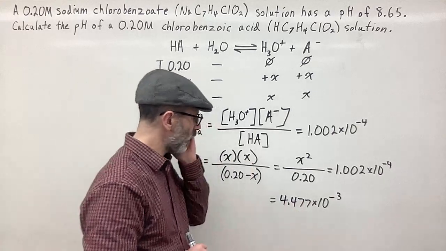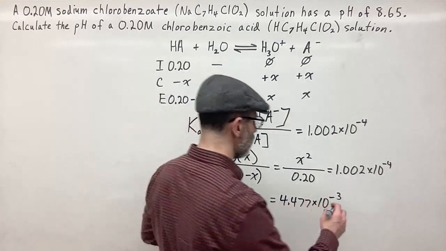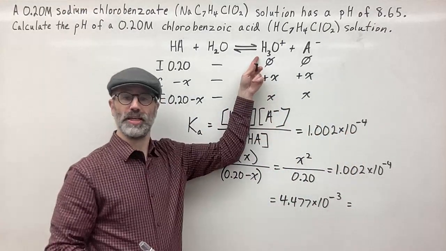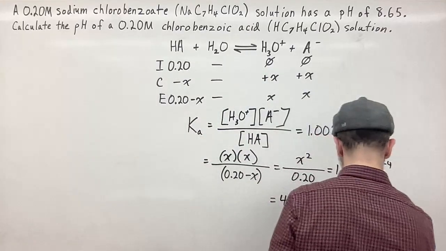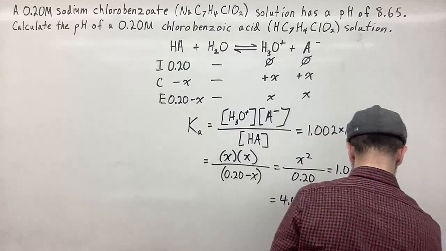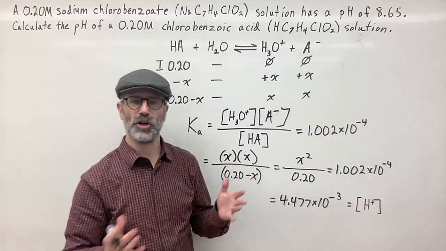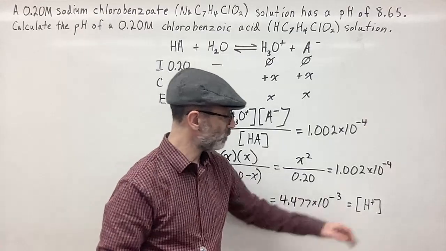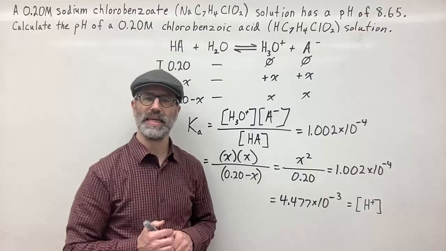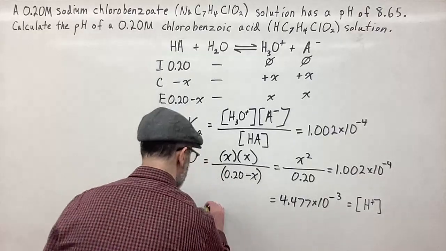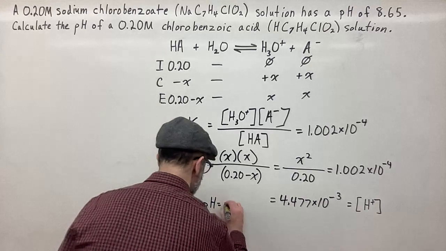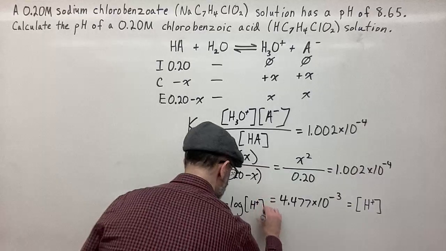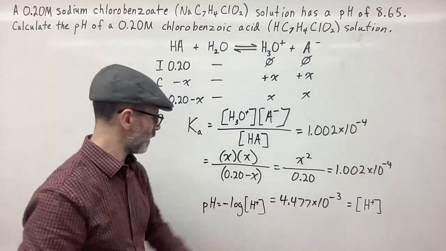Now this is going to be equal to X, and X, as we said, is equal to the hydronium ion concentration. So this is equal to the H plus concentration, the same as the hydronium. Hydronium ion is the H plus ion. So now we have the H plus ion, and again, we're supposed to find the pH. We know that pH is equal to negative log of the H plus concentration.